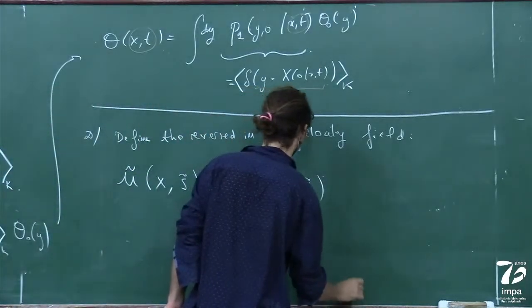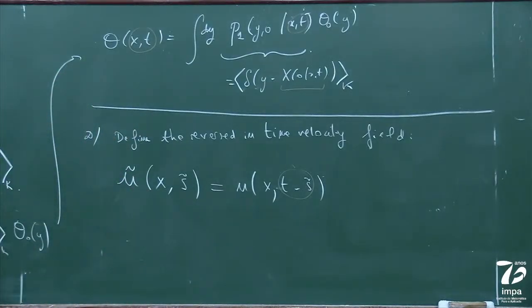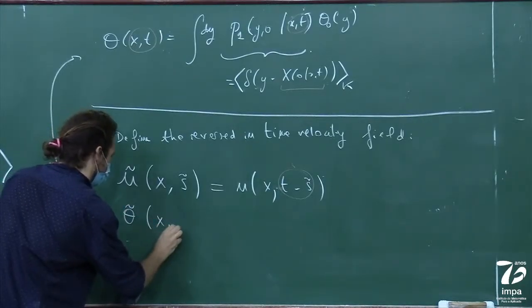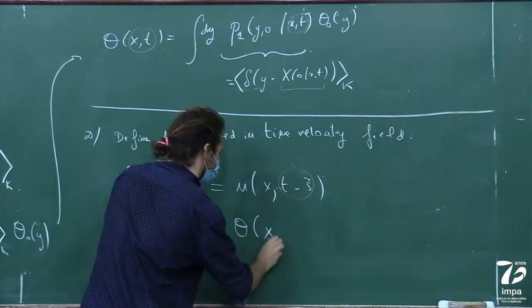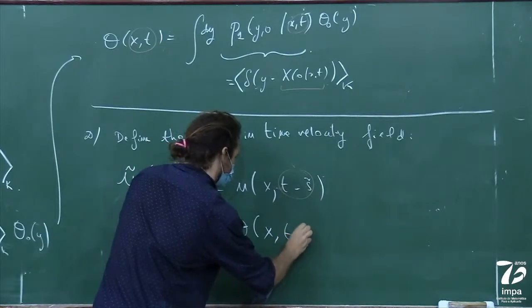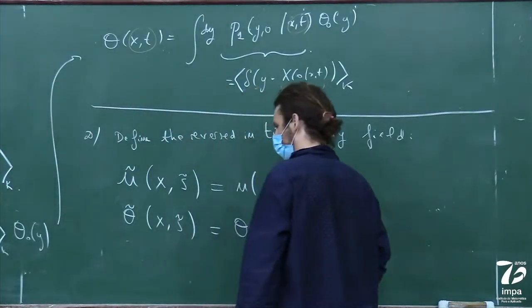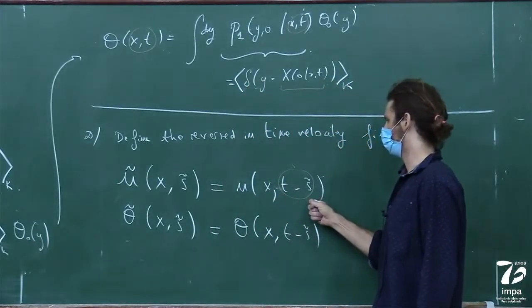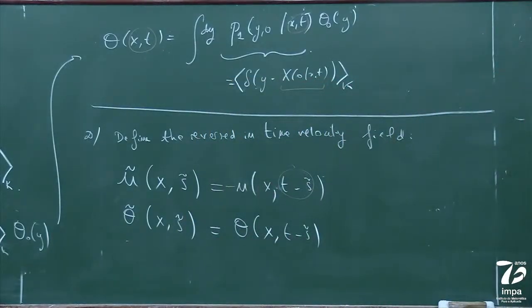And similarly, theta tilde of x, S tilde is equal to theta of x, t minus S tilde. For theta it doesn't change, but for the velocity field, because I'm reversing time, there's a minus sign here, so I will put a minus here.